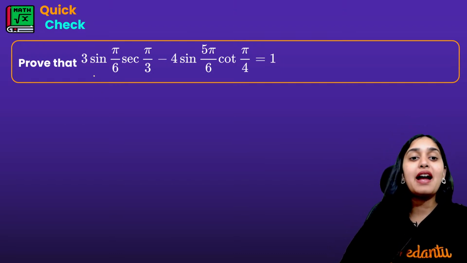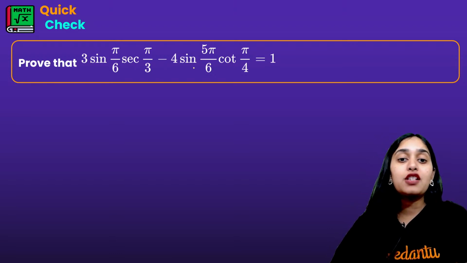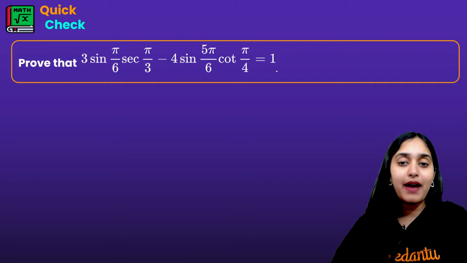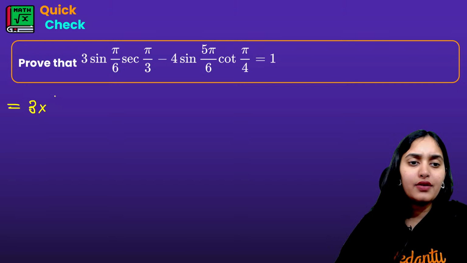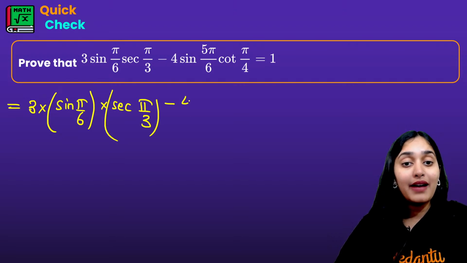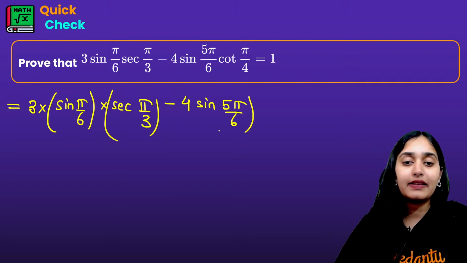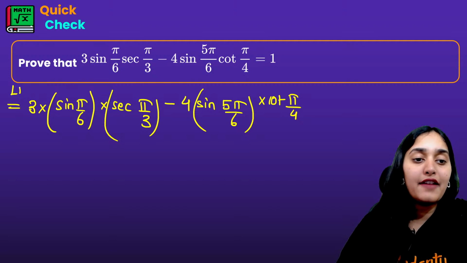So, prove that 3 times sine pi by 6 secant pi by 3 minus 4 times sine 5 pi by 6 cot pi by 4 is 1. Let's solve it. Okay, so this is my left hand side.